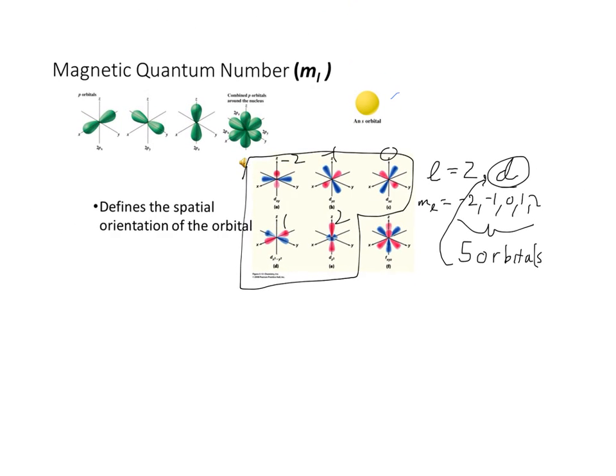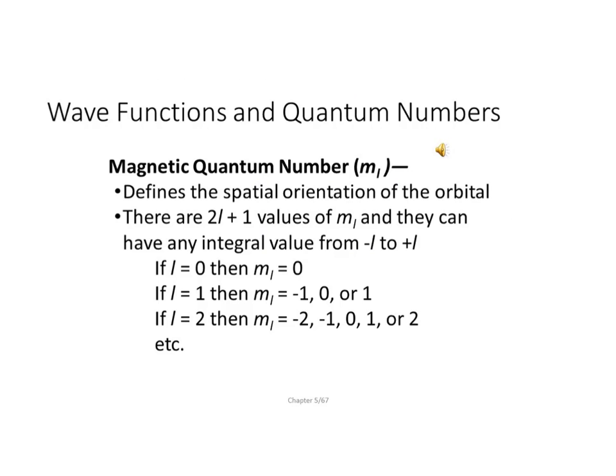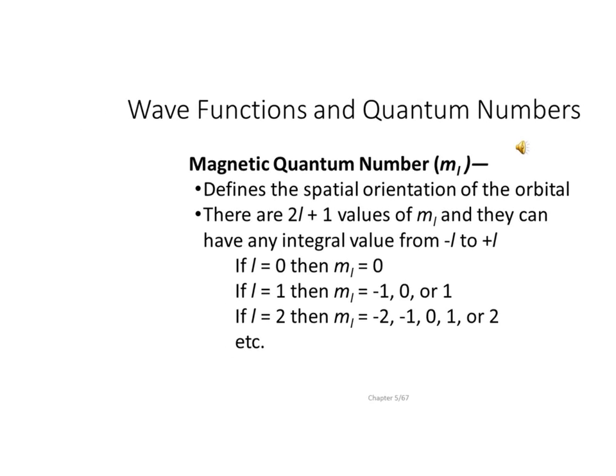So our magnetic quantum number tells us the orientation in three-dimensional space of our shape. The number of values of M sub L tells us the number of orbitals that exist in a sublevel. To summarize, the magnetic quantum number defines the spatial orientation of the orbital.